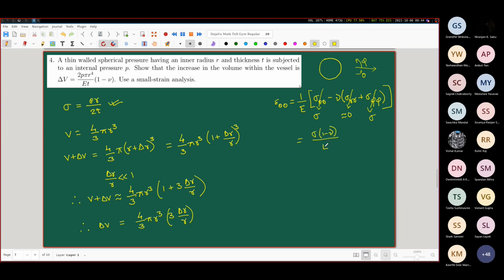So this one comes out like this. Now epsilon theta theta is again equal to your change in the radius, your change in the circumference.